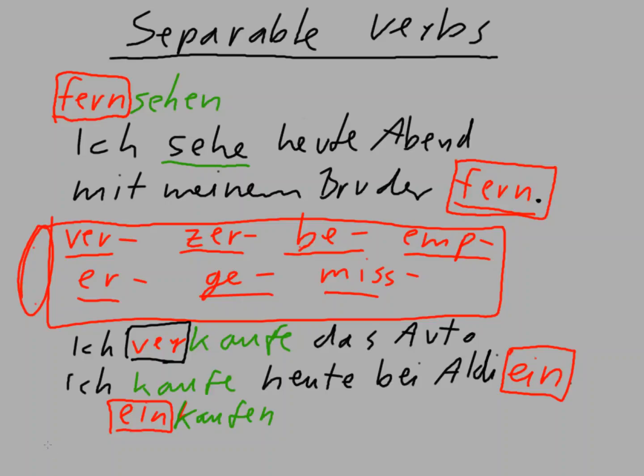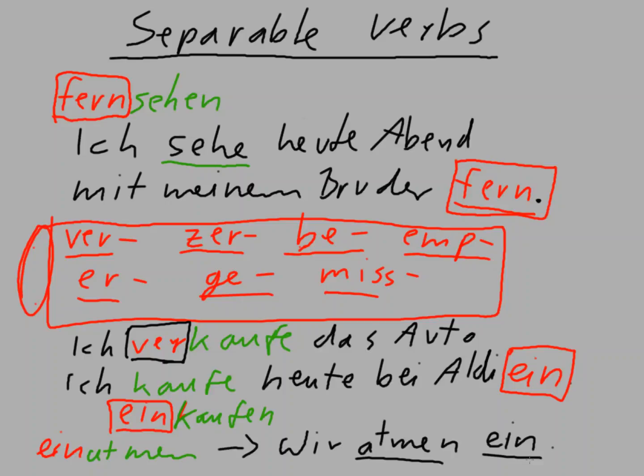So to take a breath is einatmen. And then we have a sentence like wir atmen ein. Okay, so this comes first and then this comes at the very end.